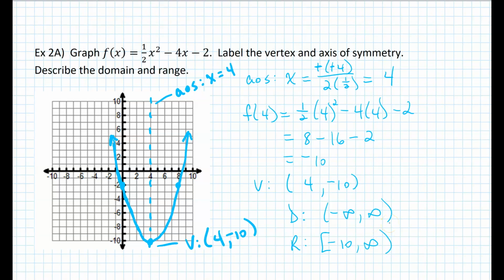Okay, so what do we think of that one? That's very straightforward. How did you get the 0, -2? Remember, this value here is the y-intercept. Oh, you just plugged it in. Yeah.